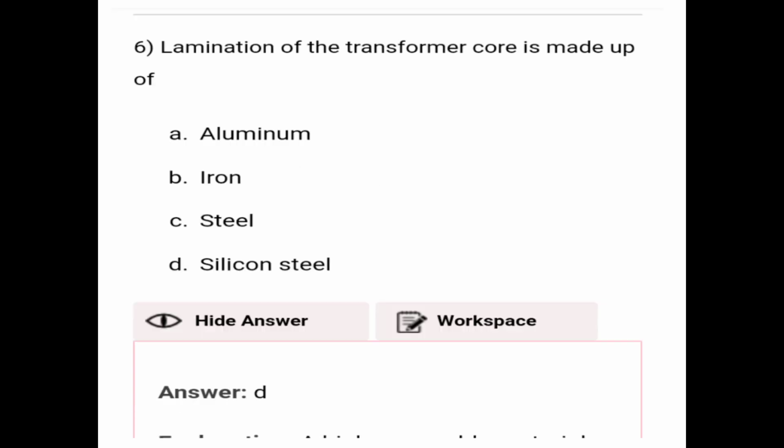Next: the lamination of the transformer core is made up of which material? That is silicon steel. It means the transformer cores are made of silicon steel.